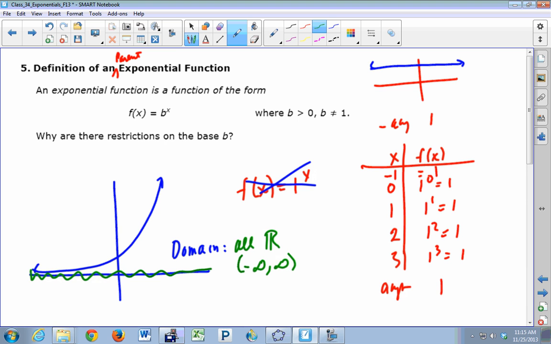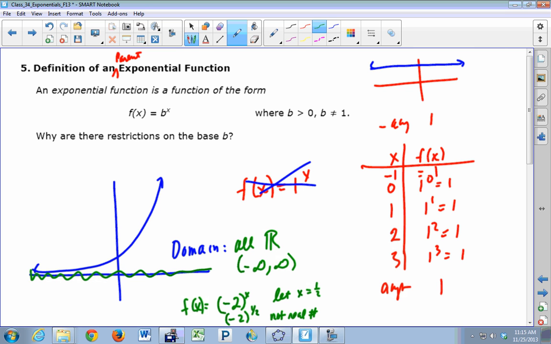So if we allowed a negative number in there, for example, let's suppose we try to look at negative 2 raised to a power. And let's suppose we let x be, say, 1/2. Then what would we be looking at? We'd be looking at the square root of negative 2. And the square root of negative 2 is not a real number. So because our domain is all real numbers, if we actually allowed our base to be negative, we'd be getting values that were not real.